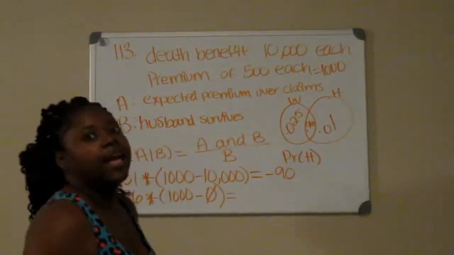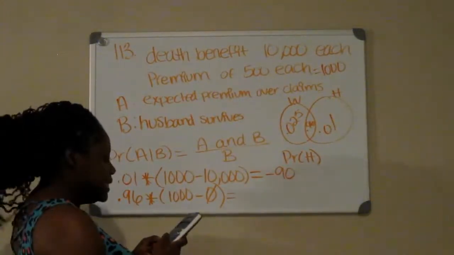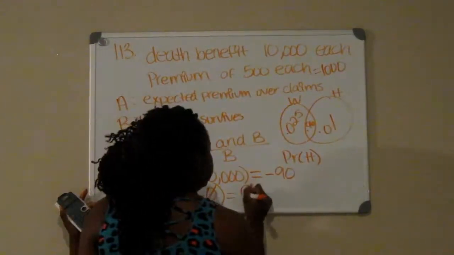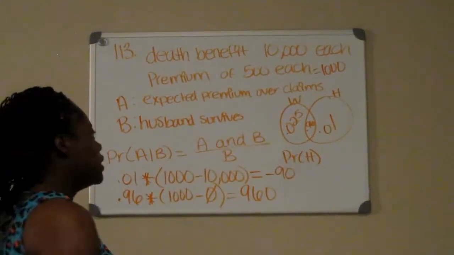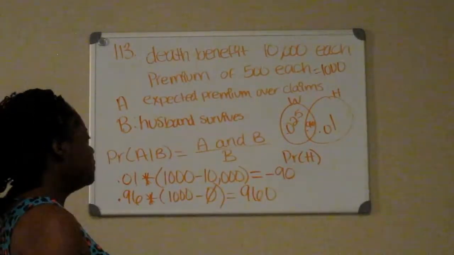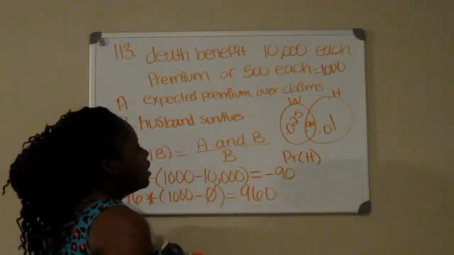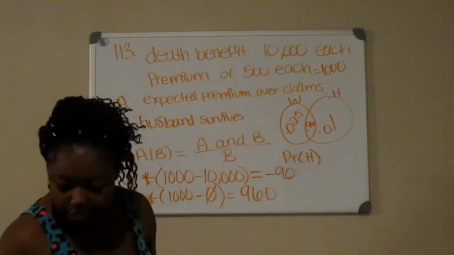But you did pay that $1,000, so thank you very much for your business. 0.96 times 1,000 is 960. So these are your 2 scenarios where the husband is still alive. You have 960 minus 90, giving you 870.